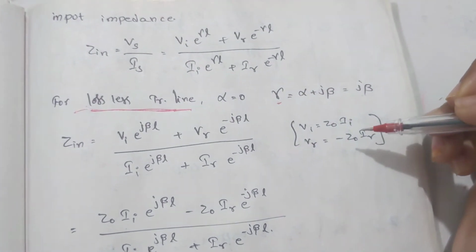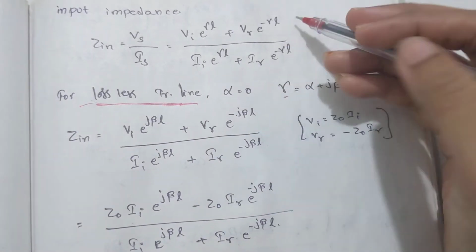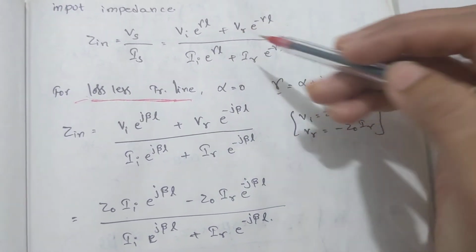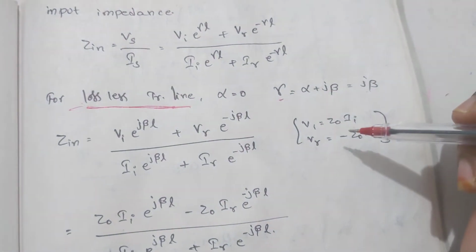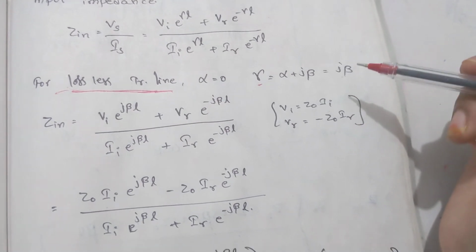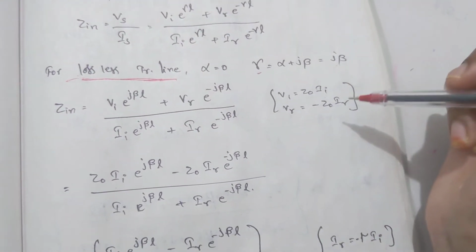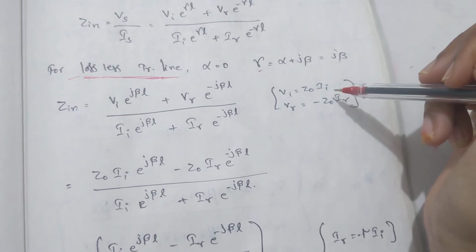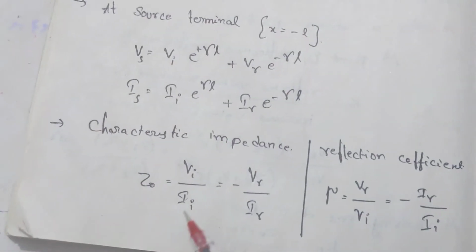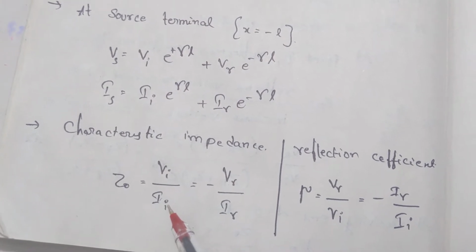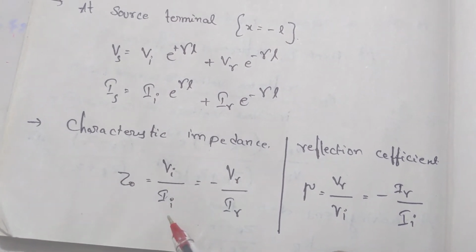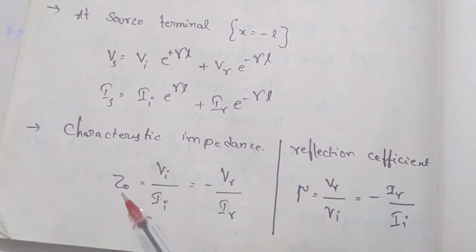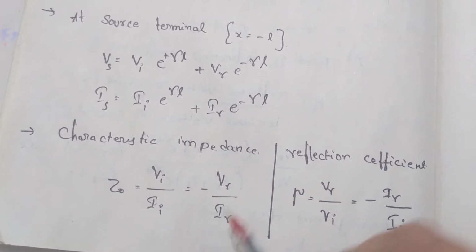I replace these equations with gamma equals j beta, and we know the relation from your characteristic impedance: Vi equals Z0 II and Vr equals Z0 IR.